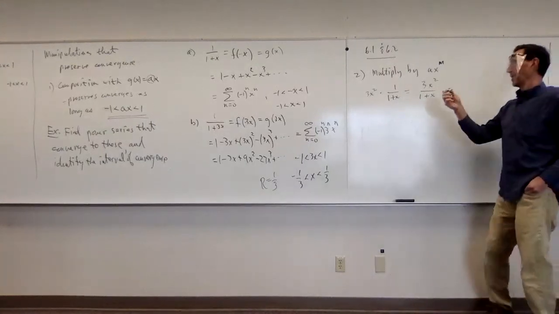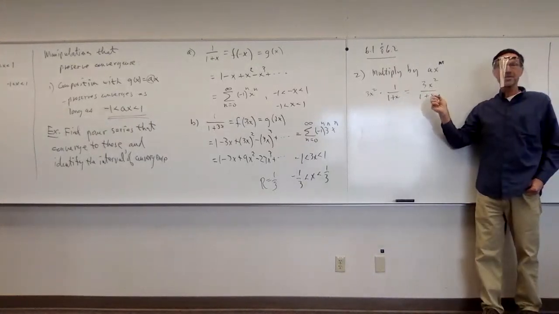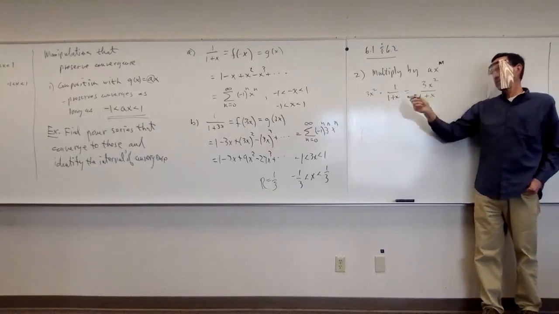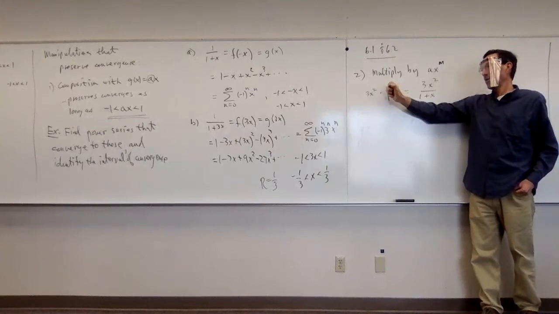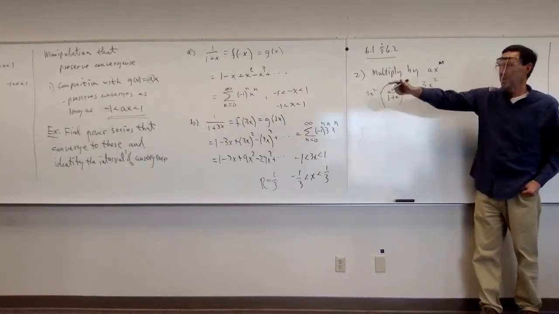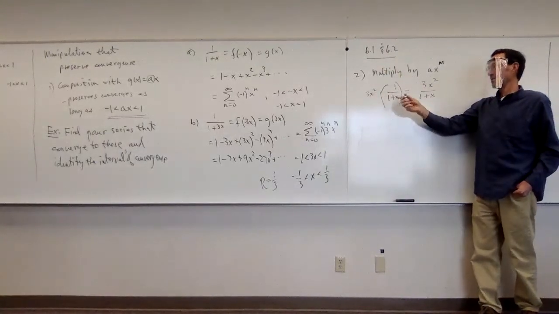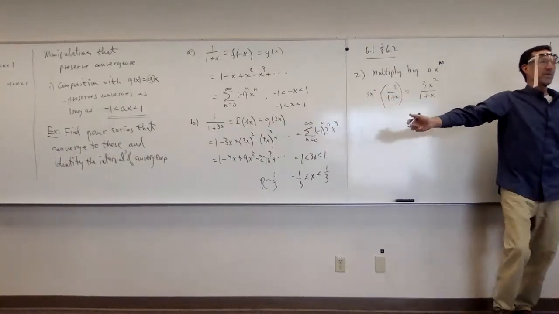So I want to now find a power series for this guy. And the way we're going to do it is exactly how I constructed the function. I know a power series for this one. It made my important list over yonder. And then I'm just going to multiply it by 3x squared.